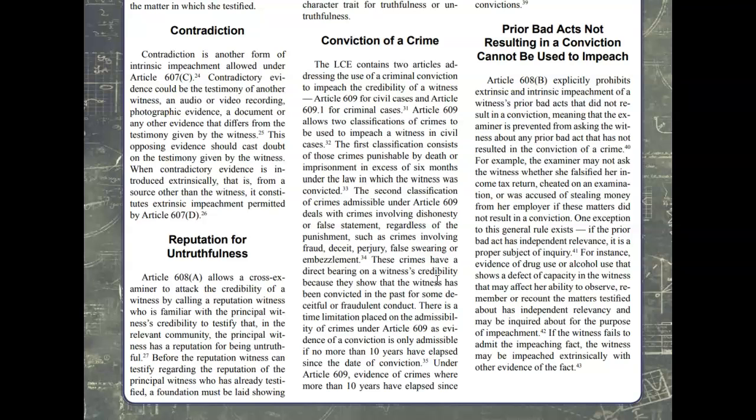If there's no conviction, Article 608 says you cannot ask a witness about it, which is intrinsic impeachment, but you also cannot bring in additional evidence in the form of extrinsic impeachment. So that is the summary of the 8 different ways you can impeach a person in Louisiana state courts.